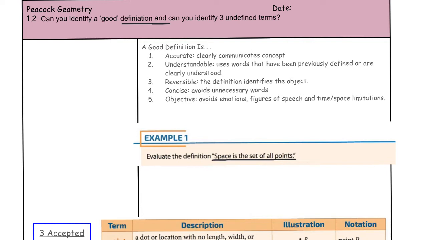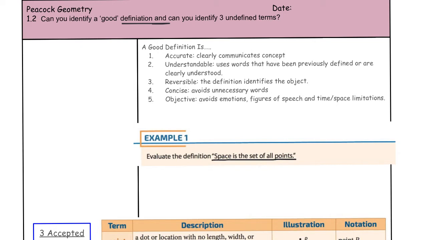2, is it understandable? While we understand set already, because we learned that in 1.1, we do not yet know what a point is in geometry. So it may not be understandable. Is it reversible? 3. The definition is reversible. If we said, what is the set of all points?